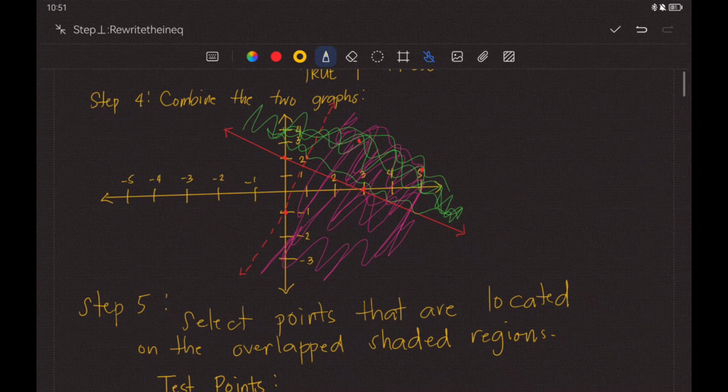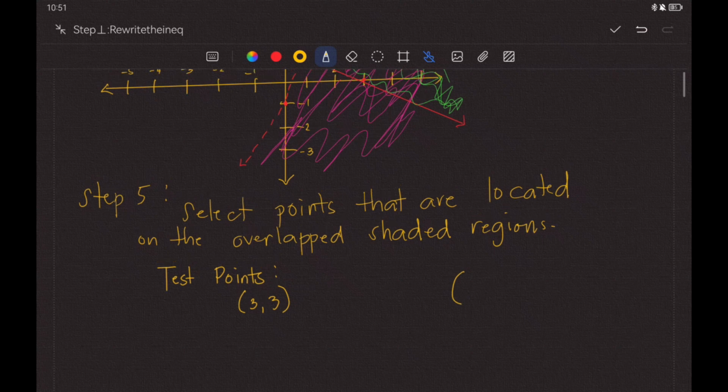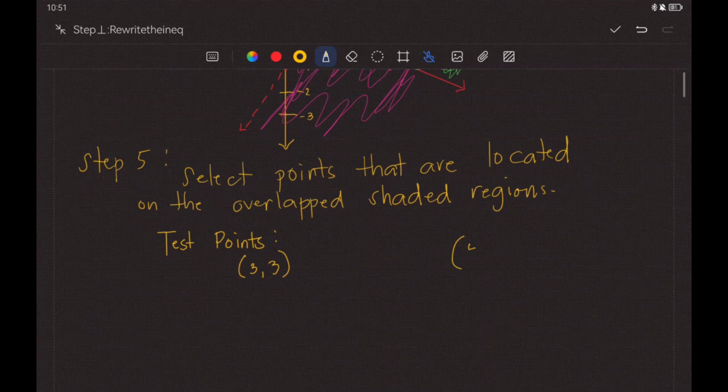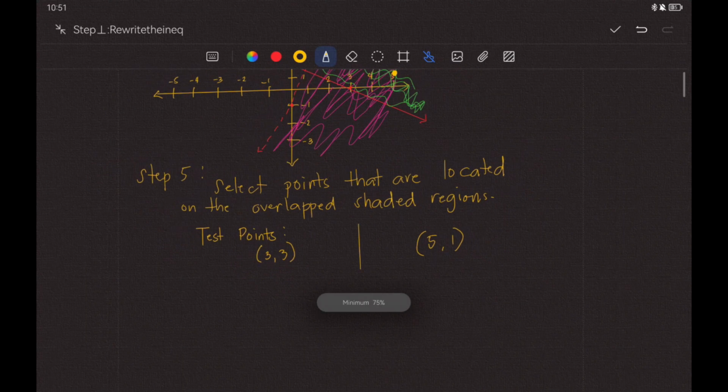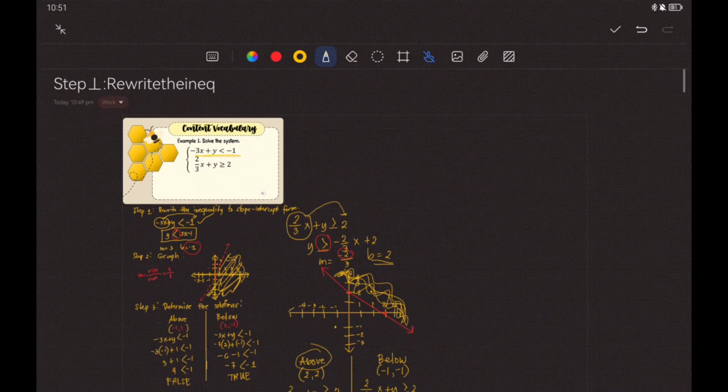My first choice is positive 3 and positive 3. And the second choice is this one, positive 5 and 1. We are going to solve this to our system of linear inequalities.